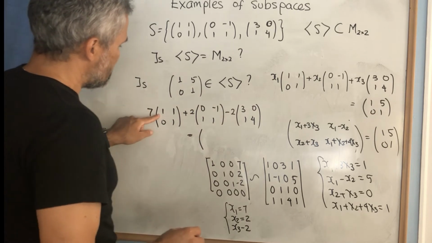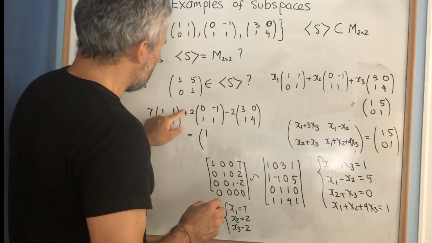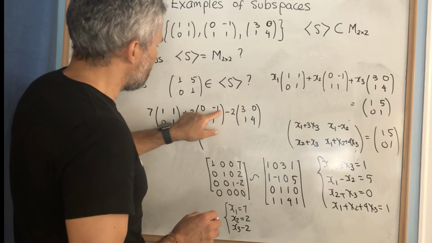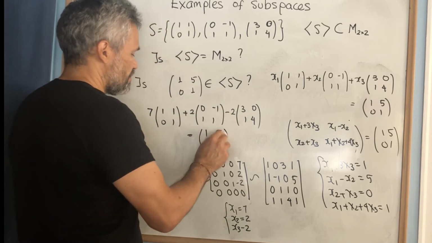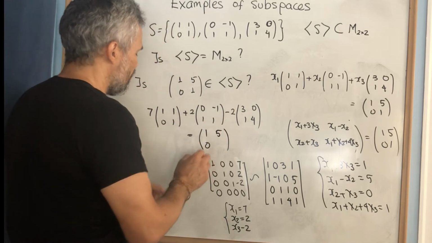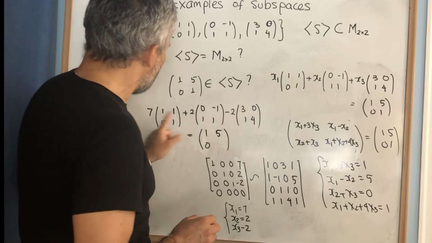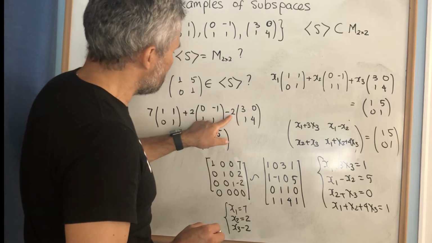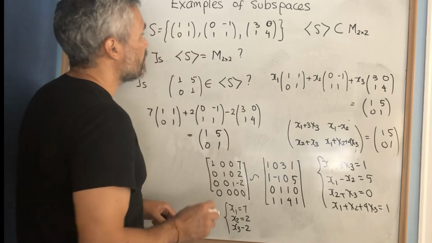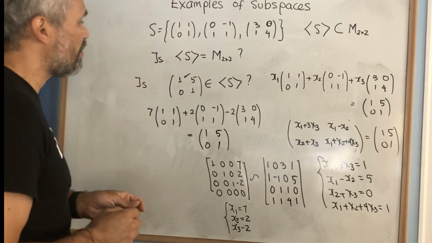We have 7 plus 0 minus 6 is 1. 7 minus 2 is 5. Plus 0 is just 5. 0 plus 2 minus 2 is 0. And 7 plus 2 is 9. Minus 8 is 1. Then indeed we have shown that this matrix is in the span of S.